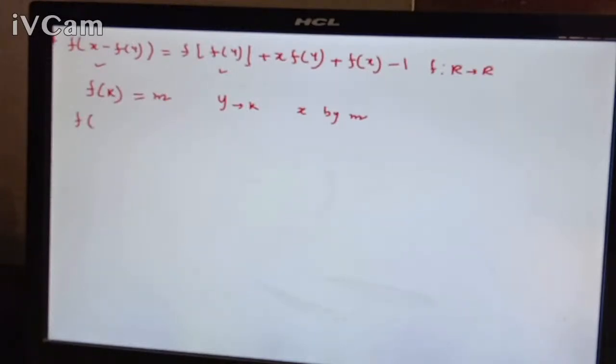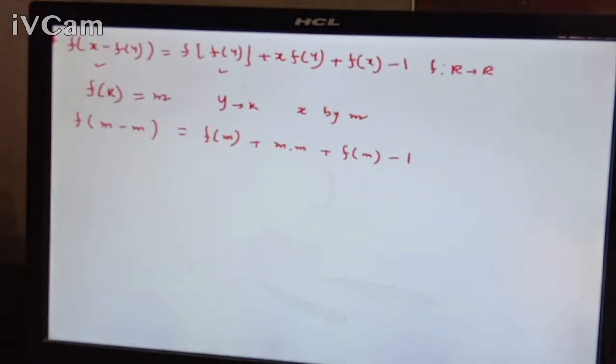We get f of (m minus n), that is f(k) equal to n, equal to f(m) plus m into n plus f(m) minus 1. So I just have to find the value of f(m) minus n.